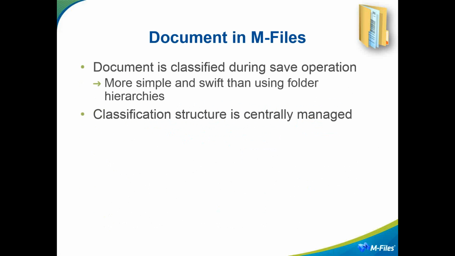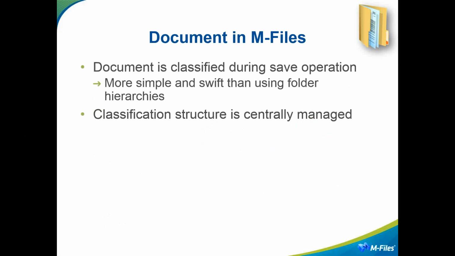This classification structure is going to be centrally managed. So if you, for example, were to say that you're saving a purchase invoice, the information that you need to enter about a purchase invoice is going to be controlled by the administrator that says these are the particular properties or fields that you can enter, these are the ones that are required, or these are the ones that you could add to it.